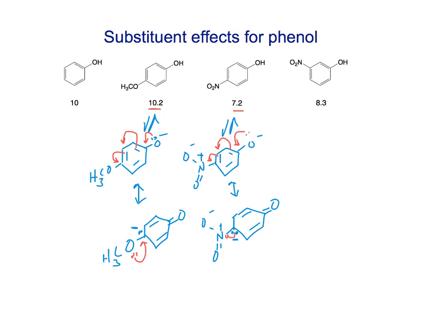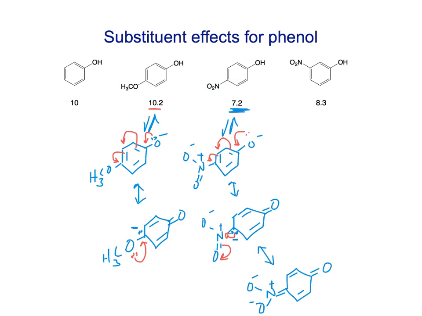So these electrons can go towards the nitrogen-oxygen double bond, electrons can go up onto the oxygen, and we get an added resonance structure, like this. Okay? So this added resonance structure makes the conjugate base for paranitrophenol much more stable. Okay? And so it's quite a lot more acidic.